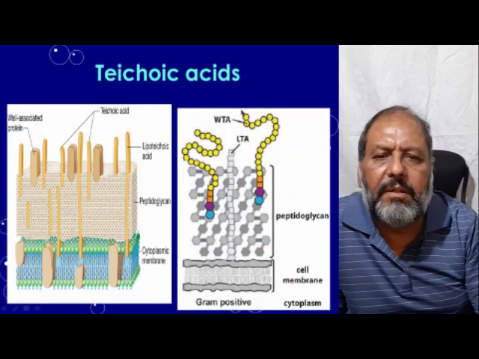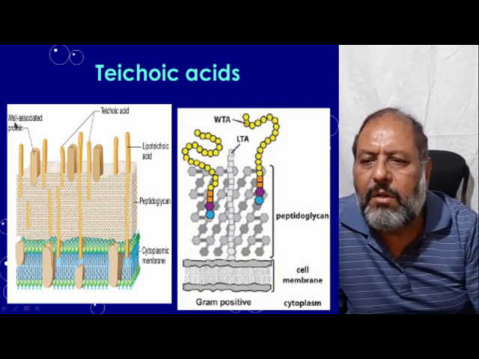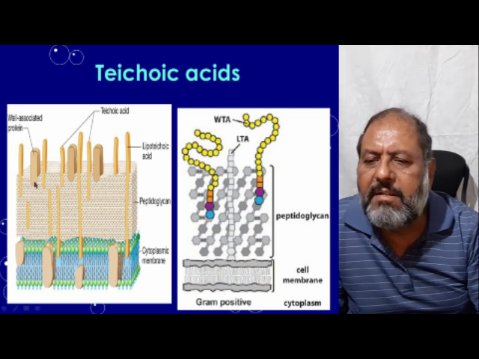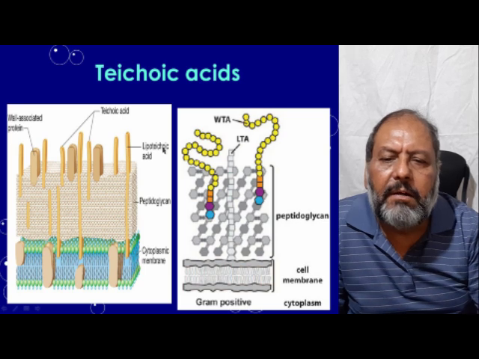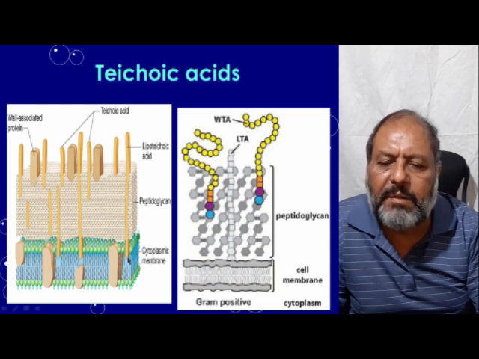Here one can see the teichoic acid fibers, and one can see these wall-associated proteins. These are arising from the cell wall, and one can see the lipoteichoic acid that is taking origin from the lipid layer of the cytoplasmic membrane.